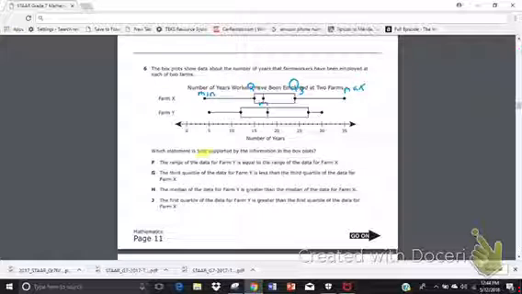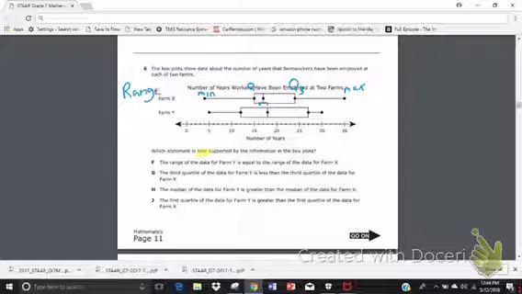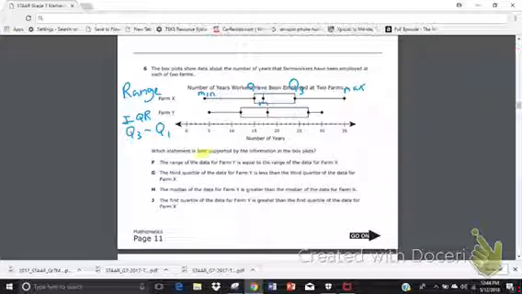All right, and also keep in mind that the range is the largest value, or your maximum value, minus your minimum value. What else? The IQR, or the interquartile range, can be solved by Q3 minus Q1, and that gives you your IQR. And also remember, kiddos, that each section right here is 25%.